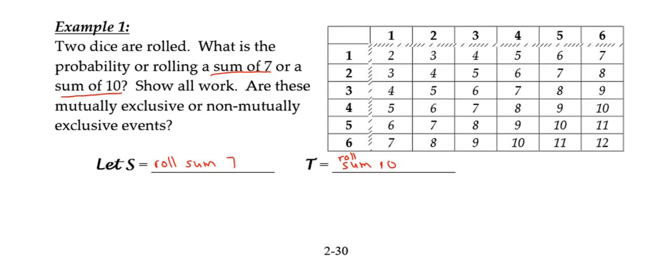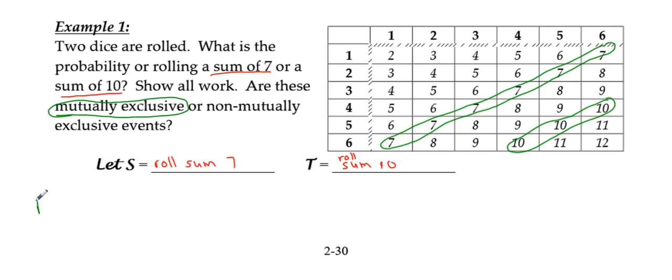So if you take a look at the sums of 7, there are 6 of them. And if you look at the sums of 10, there are 3 of them. And there is no overlapping here, so these are mutually exclusive events. So to find the probability of a sum of 7 or a sum of 10, you just need to add them.